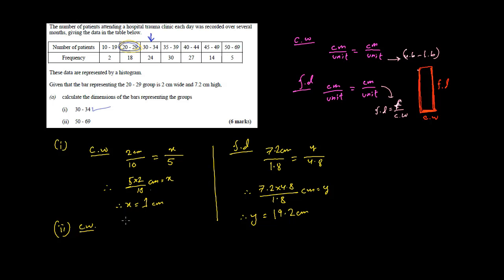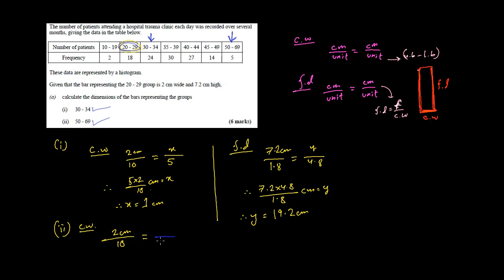The next one is class width. Let me put down the given information again. So here the class width in centimeter is 2 centimeter and the unit is 10, equal to, so we are interested in this one now. This is 50 to 69, this one. Here we need the class width unit because of this formula. It is 69 minus 50 is 19 plus 1, 20.